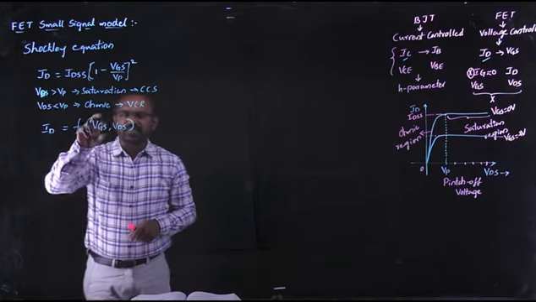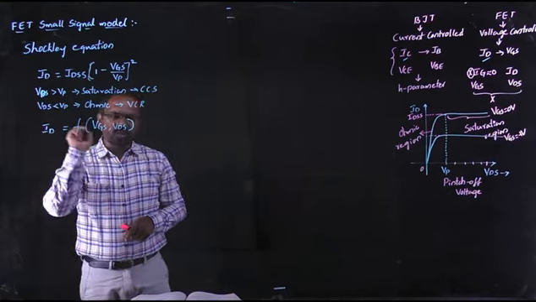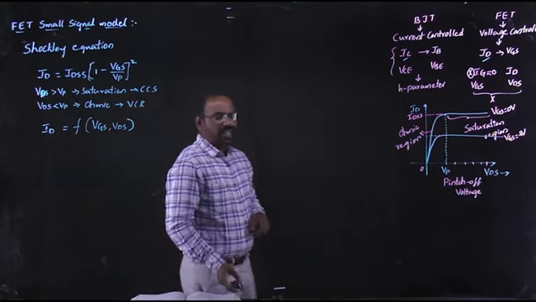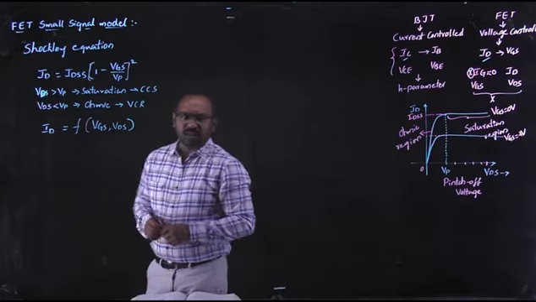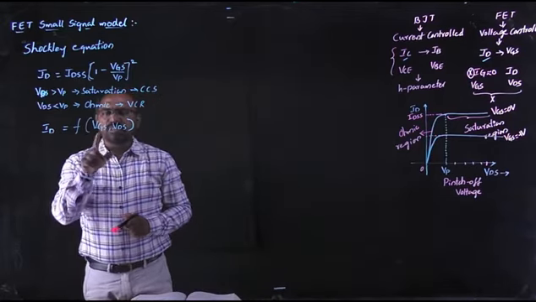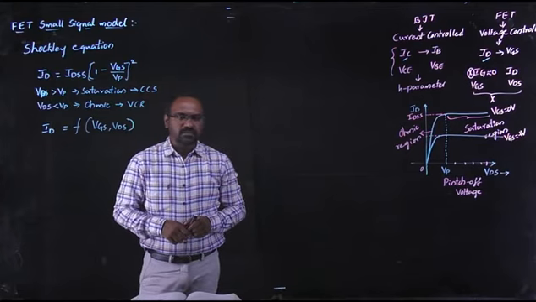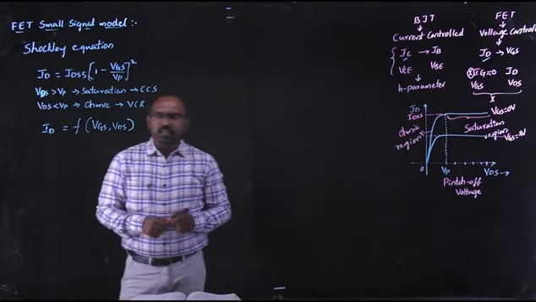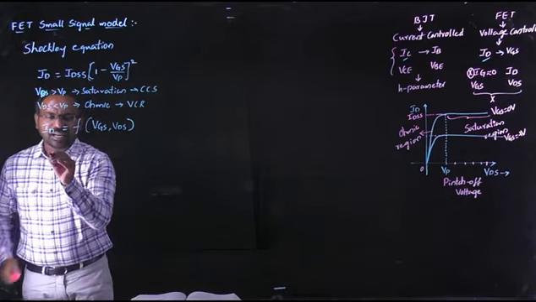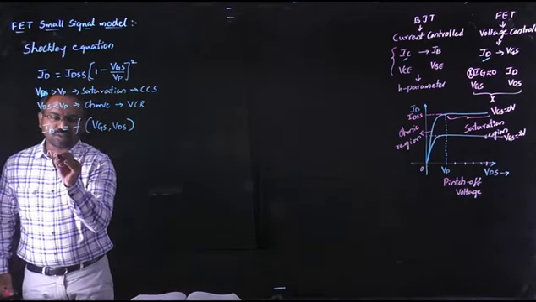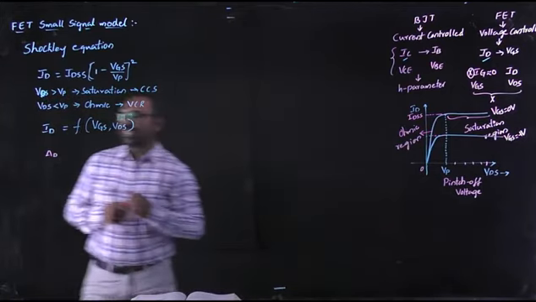So when you change VGS and VDS, the output current ID is going to vary. That is the reason why I have written the current ID is a function of VGS and VDS. Right? So here I will write ID as per Shockley equations. I am writing the expression for ID.